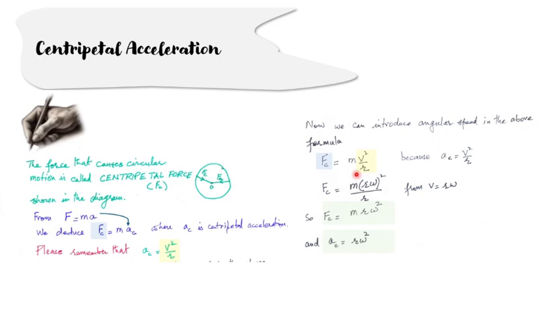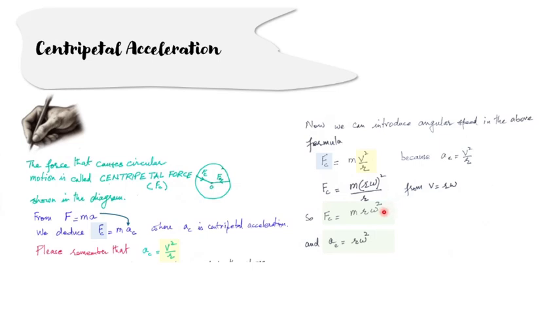Now, in our previous lesson, we have read that v is equal to r omega, where omega is circular speed or angular speed. So if we replace v squared with r omega squared, then our centripetal force turns out to be equal to m r omega squared.